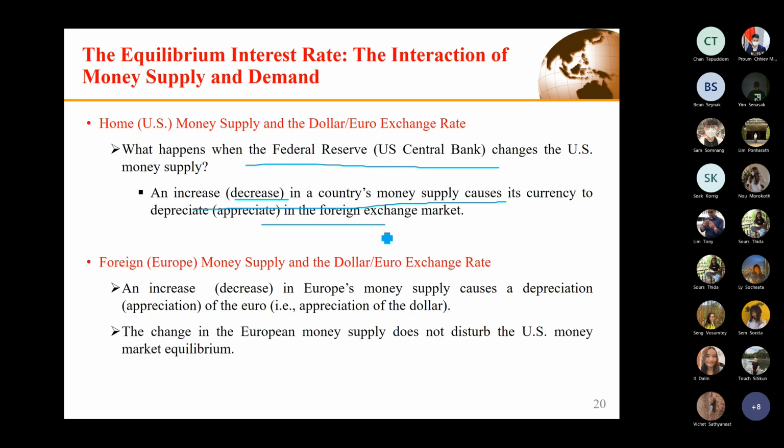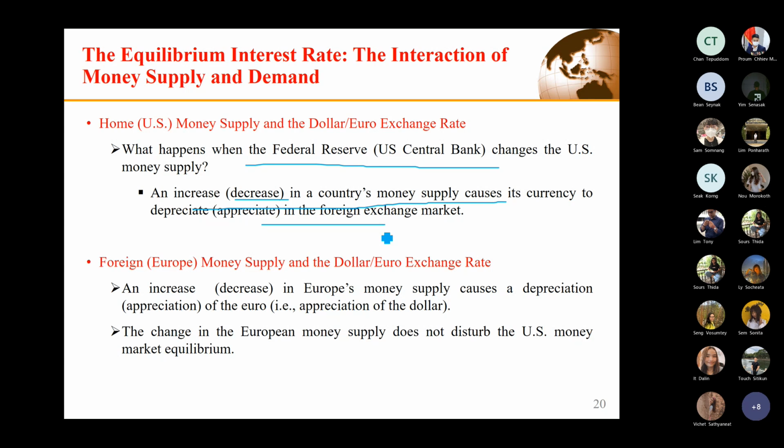I think in the last month, maybe last 2 months, you heard the Central Bank of Cambodia, the NBC, provide auctions by selling dollar. When they sell dollar, they try to collect back Khmer Riel.